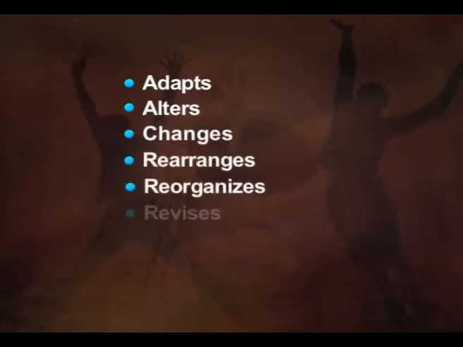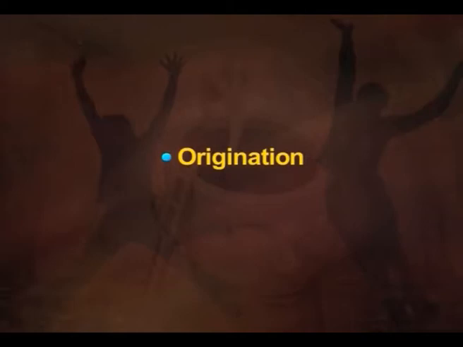reorganizes, revises and varies. And then comes origination, that is creating new movement patterns to fit a particular situation or specific problem. Learning outcomes emphasize creativity based upon highly developed skills.